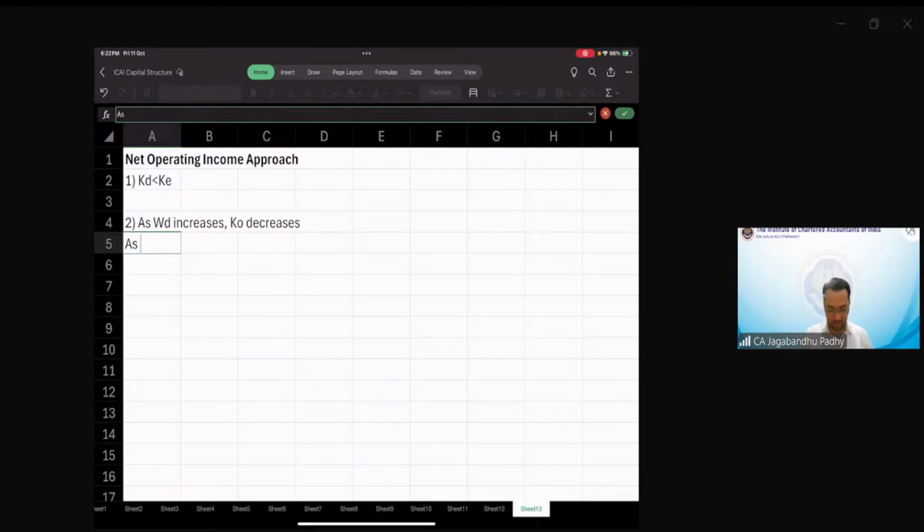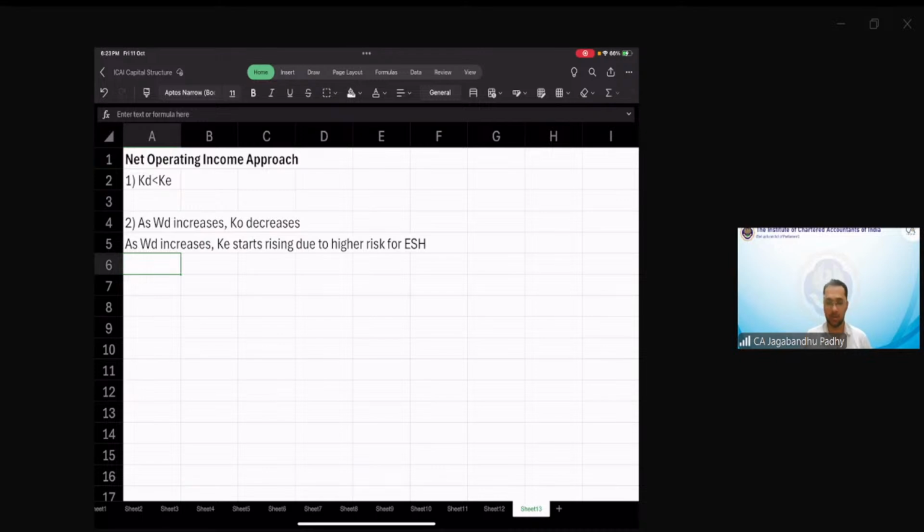The side effect is, as weightage of debt increases, can I say KE starts rising due to higher risk for equity shareholders, right?